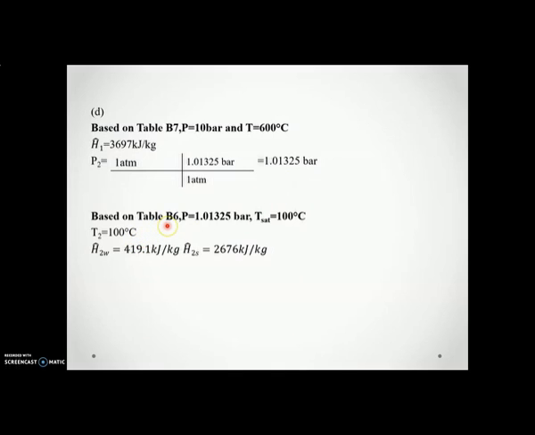So based on table B.6, at the pressure P equals 1.01325 bar and the saturated temperature 100 degrees Celsius, we are able to obtain the value of T2, which is 100 degrees Celsius.